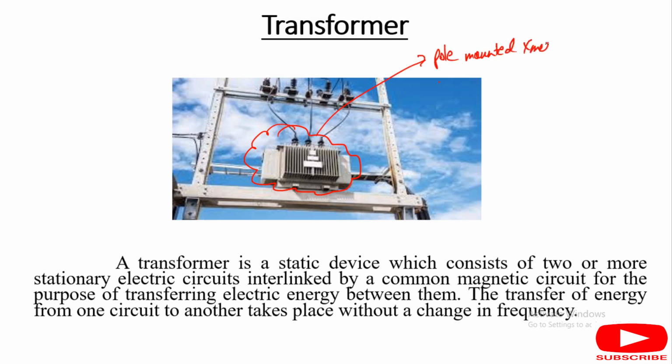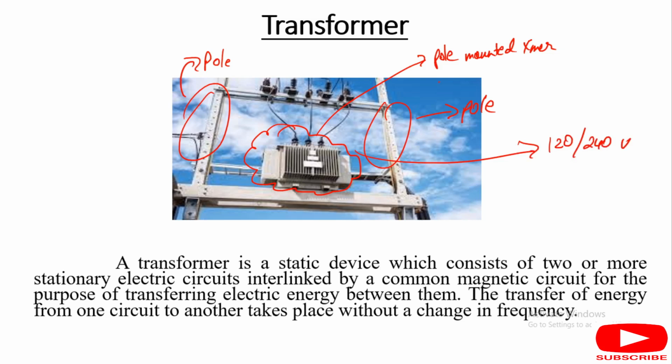Pole mounted transformers are electric utility distribution transformers that are mounted on an electric pole, like wood, concrete, etc. Pole mounted transformers are the common breadbox transformers used for converting distribution voltage to the 120 by 240 volt power, which is basically used by consumers or homes.